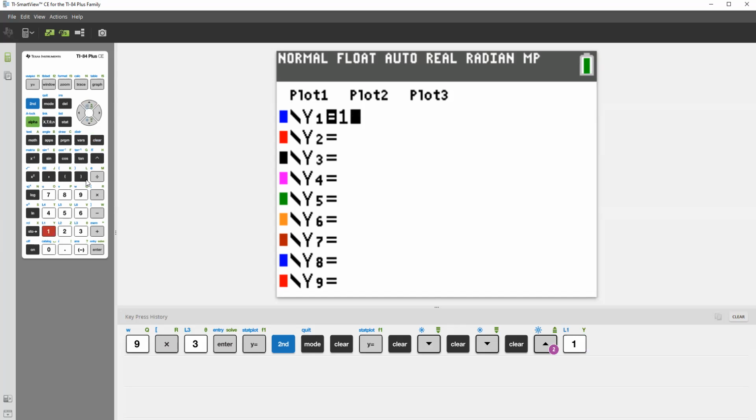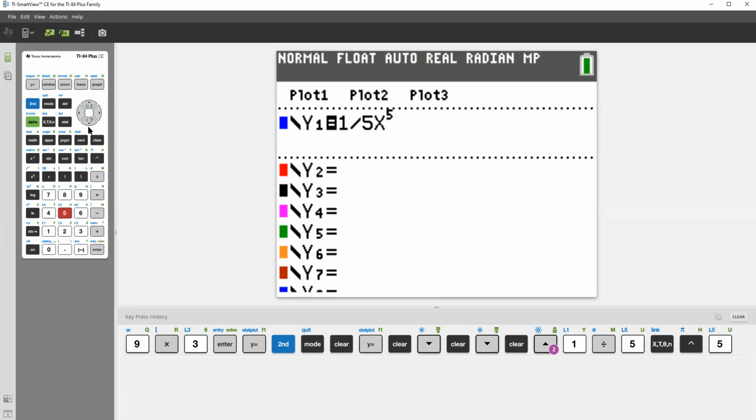So it was 1/5, and then x to the 5th. It is 2/5. Okay, so make sure that you know that at least means you know where I'm getting it from. Okay, 2/5 x to the 5th.